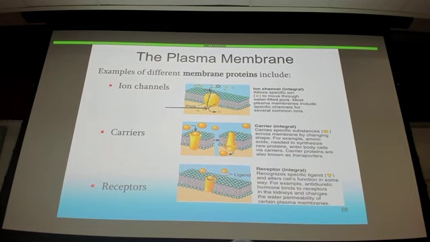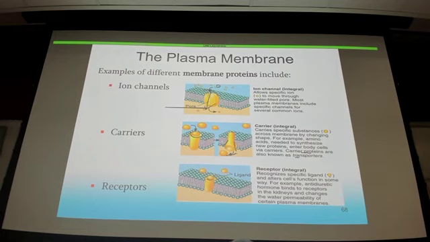When you get down to a carrier protein, carrier proteins are also known as transporters. They're going to take something like an amino acid and bind it to that protein, and then it's going to change its shape and carry it across.